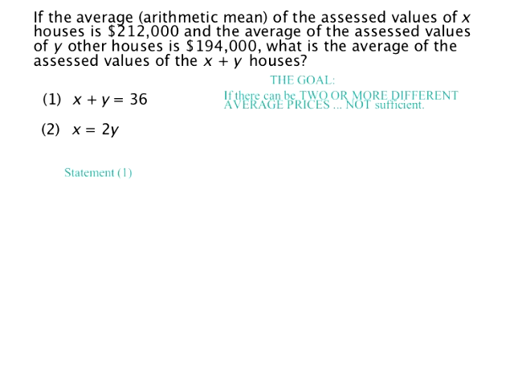If there can only be one average price, then that's sufficient. Okay, that's the goal here. Well, let's see. Statement 1 says we just know that X plus Y is 36.